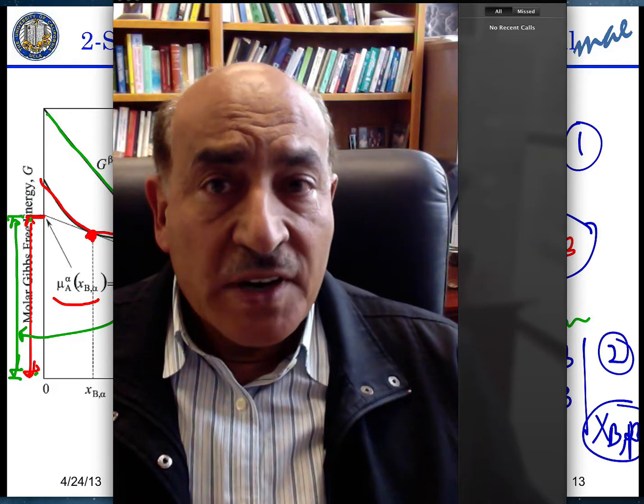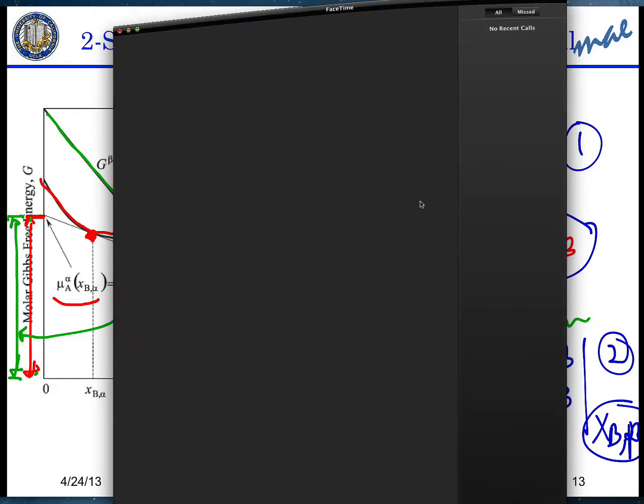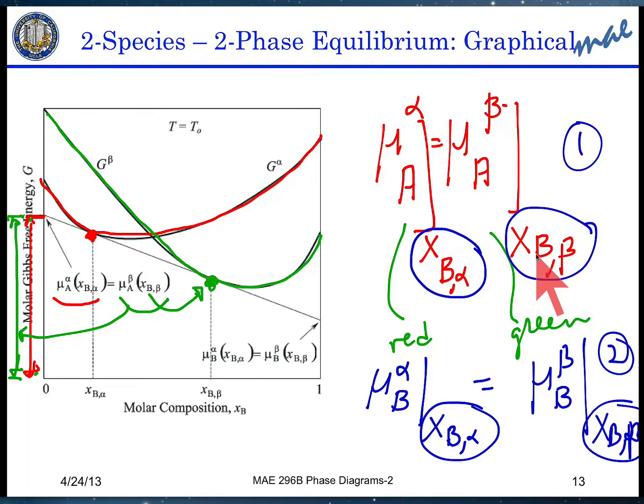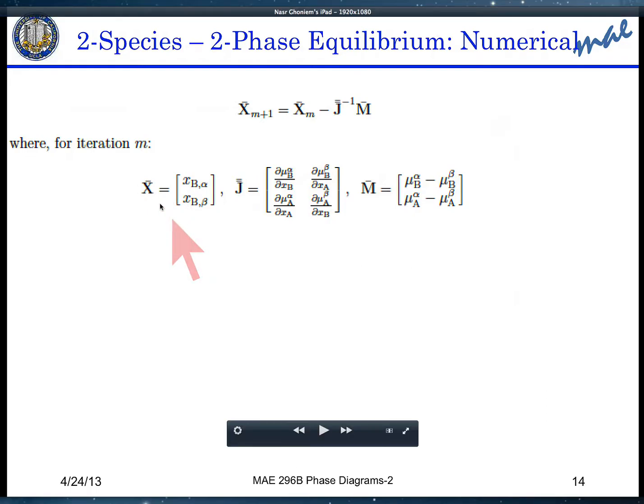If we want to program it ourselves, then here is the way to program and get the solution. Here, x is a vector, and the x vector tells us the concentration of B in phase alpha and the concentration of B in phase beta.